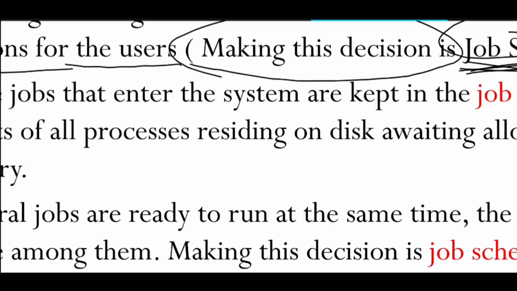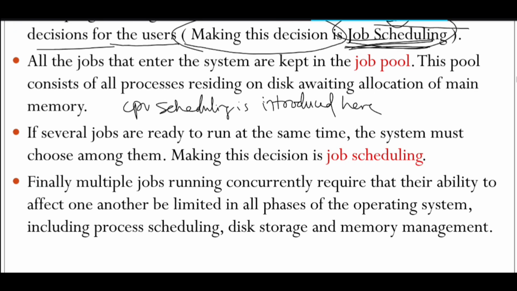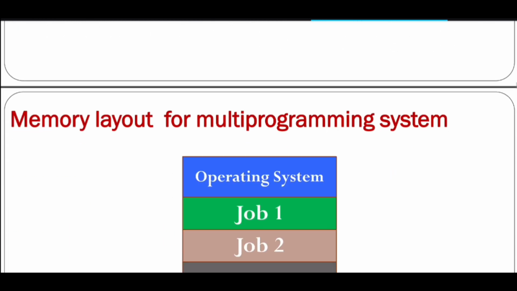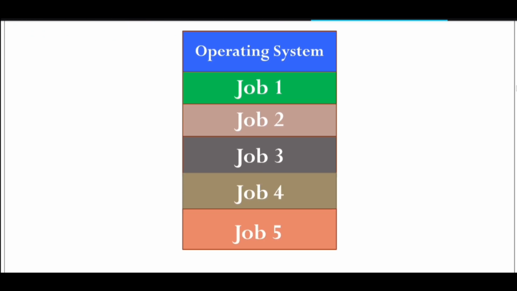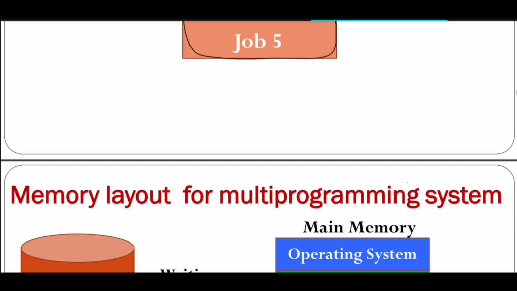Simply, you can write that CPU scheduling is introduced here for the first time. These are the points I have told. And then here is some diagram. There are several jobs in the main memory, and the operating system is also inside the main memory.